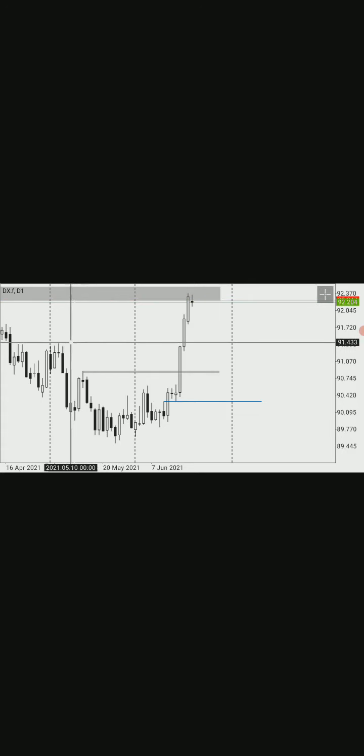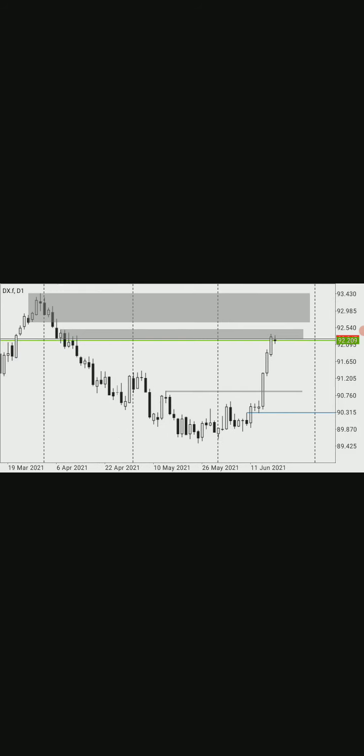But I don't believe it's going to come back to this previous high. I think it's still going to go higher, to this particular point.